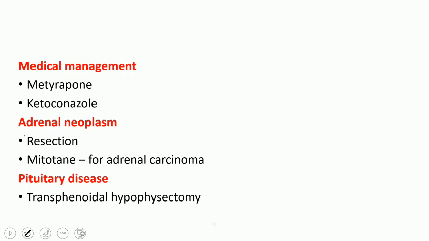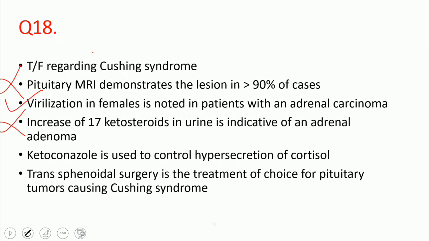But occasionally, until surgery, to get some medical effects, we use these two drugs which block the synthesis of cortisol, metyrapone or ketoconazole, in the short term until we can offer the patient surgery. But surgery is the preferred option in the management.